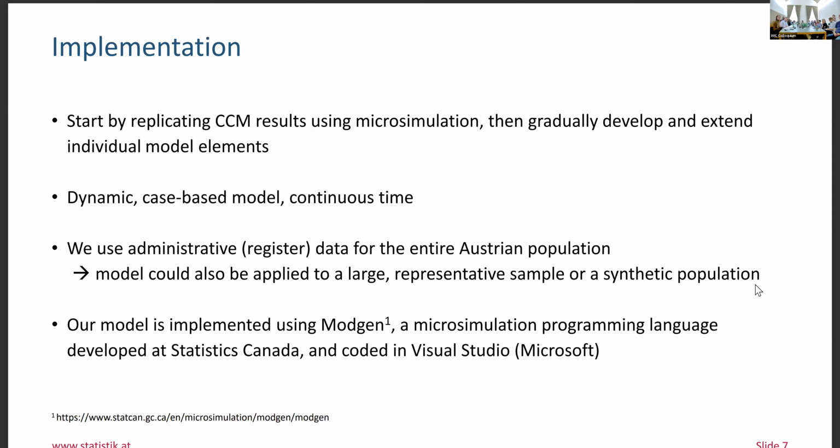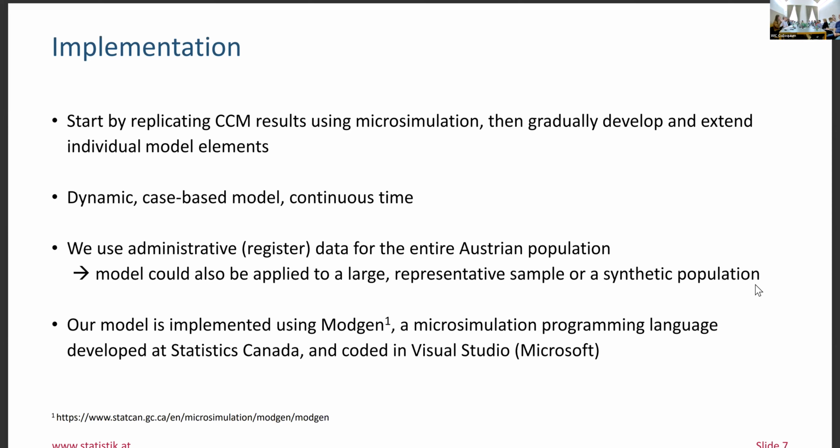And the model that we've implemented at Statistics Austria is, of course, a dynamic model. It is case-based, and it operates in continuous time. Because of the availability of quite a lot of registered data in Austria, we're able to use administrative data for the entire Austrian population, which currently has about 9 million inhabitants.